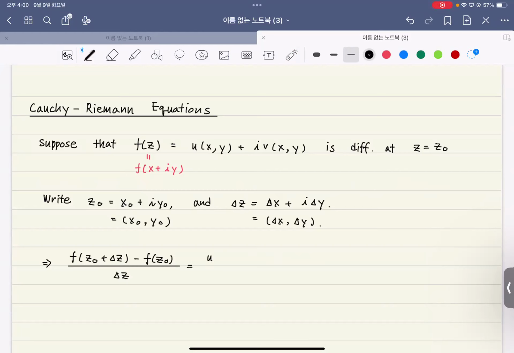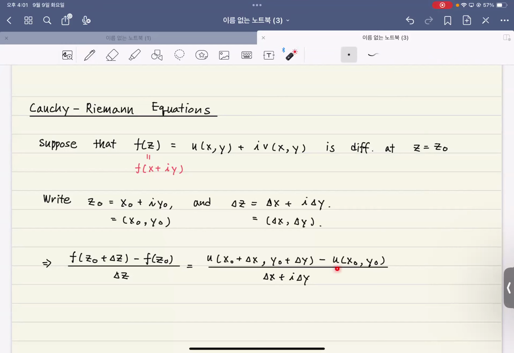Since this function consists of a real and an imaginary part, we have u of x0 plus delta of x and y0 plus delta of y, minus u of x0 and y0, and everything over delta of x plus I times delta of y.